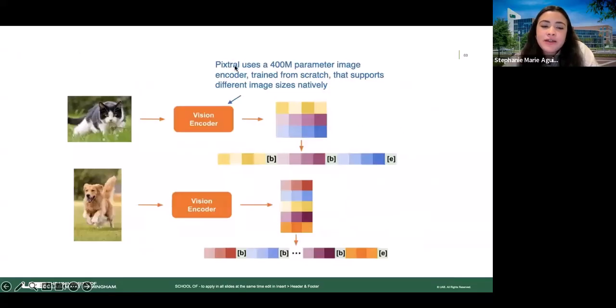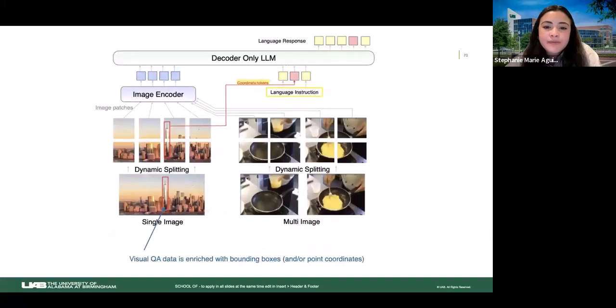Pixtral is actually one that a lot of people have, in terms of that was published. It uses 400 million parameters in terms of the image encoder, so it was actually trained from scratch. And then this is what you would actually see in terms of trying to train this model in terms of the context of all these different images.